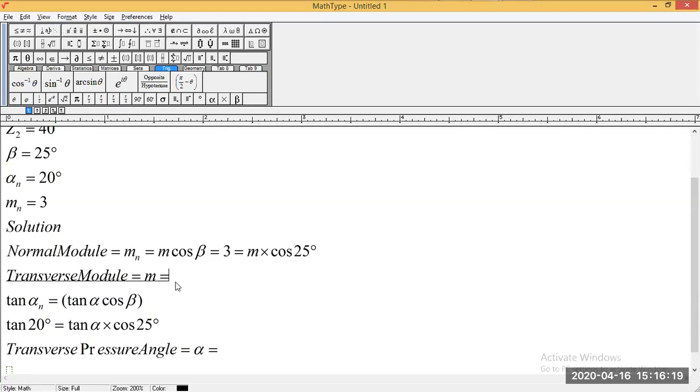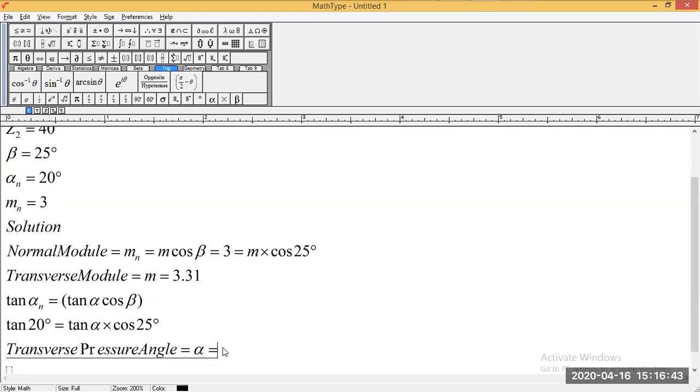Okay. So any solution? Let's calculate this. This is 3 over cos 25, somewhere around 3.31, and the pressure angle is tan inverse of 3 tan 20 over cos 25.